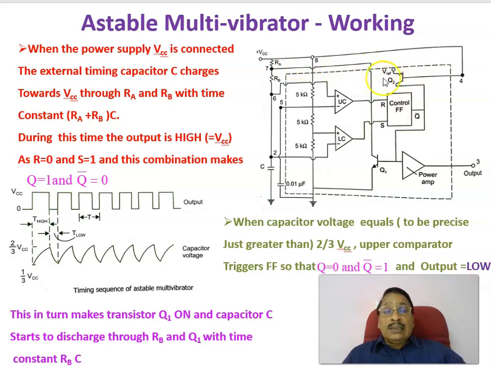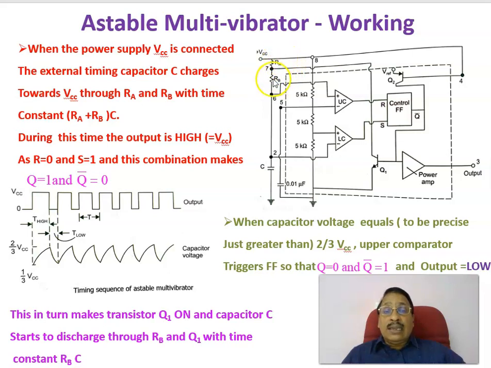Here pin number 8 is VCC. Between pin number 8 and 7, the discharge pin, we are connecting a resistance RA, and between pin number 7, the discharge pin, and pin 6, the threshold pin, another resistance RB is connected.